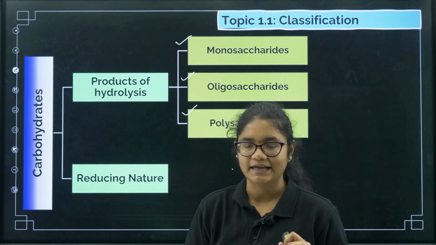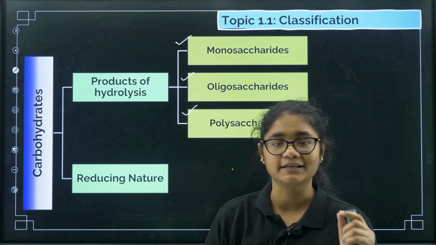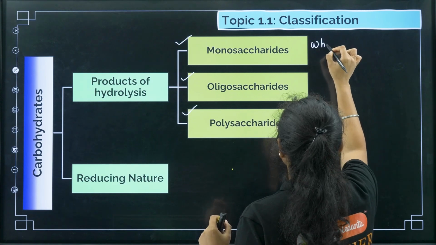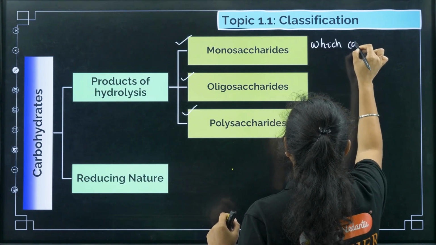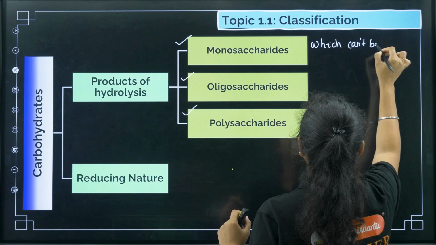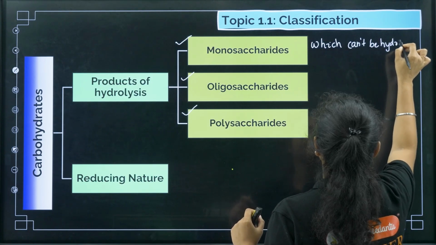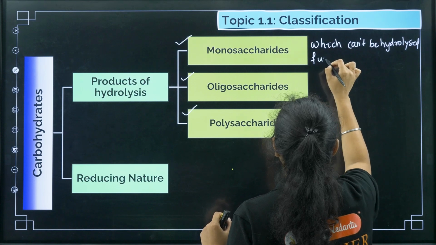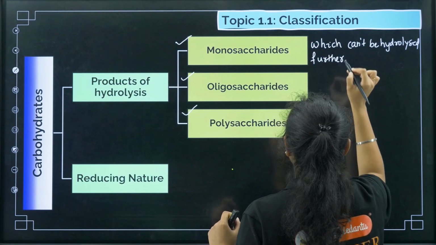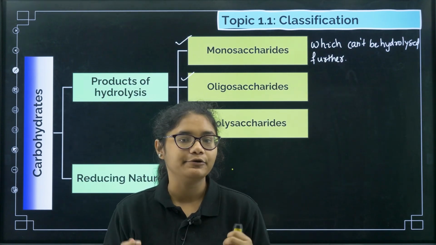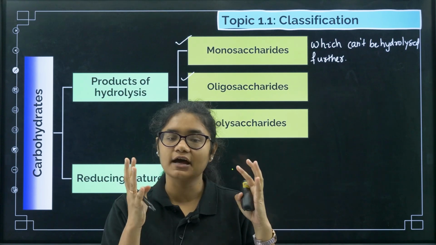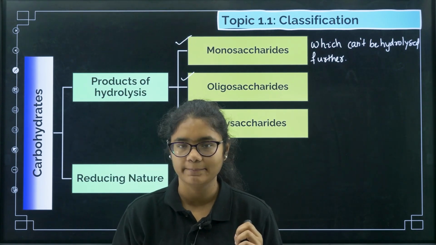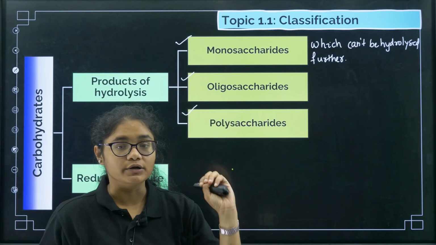Now what are monosaccharides? Monosaccharides are those carbohydrates which cannot be hydrolyzed further, which means these carbohydrates are already in their simple form and cannot be broken down further. Next category is oligosaccharides.